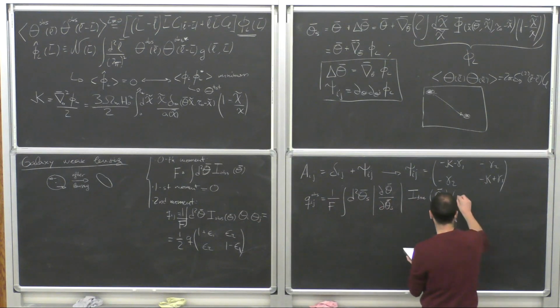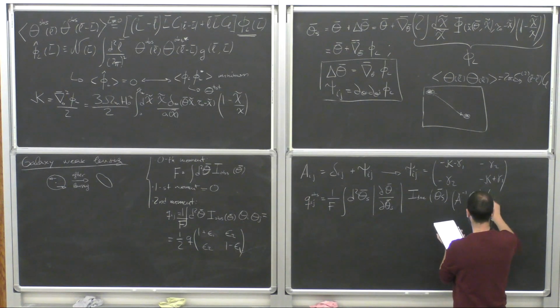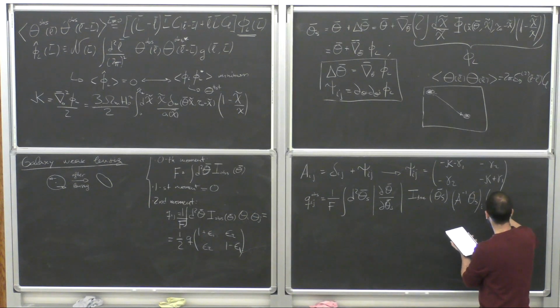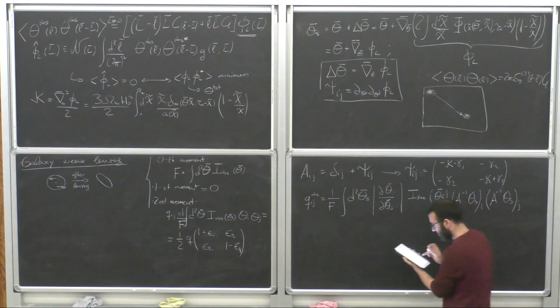So we have A minus 1 theta s evaluated for the i direction, and A minus 1 theta s evaluated for the j direction.